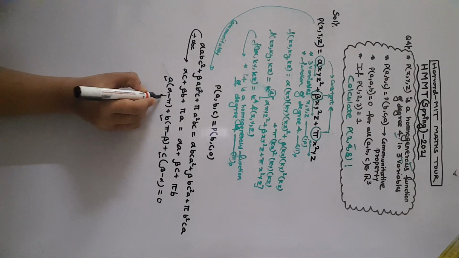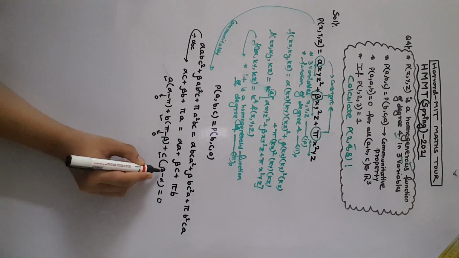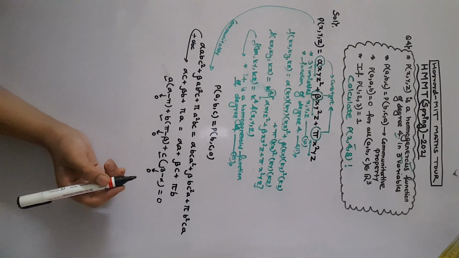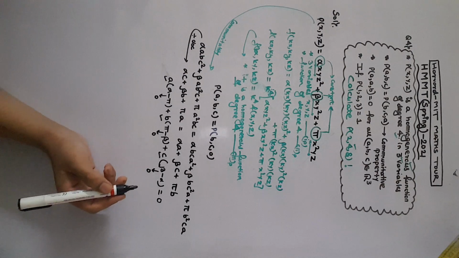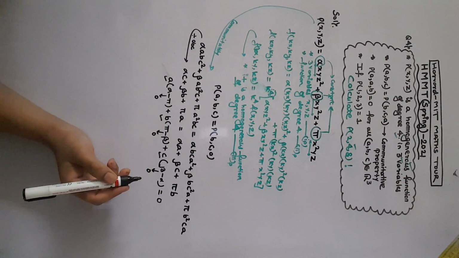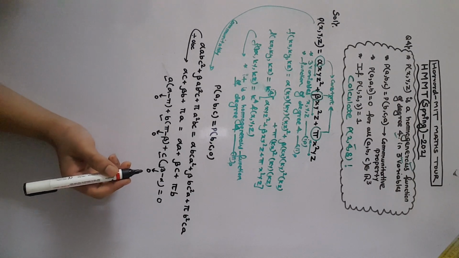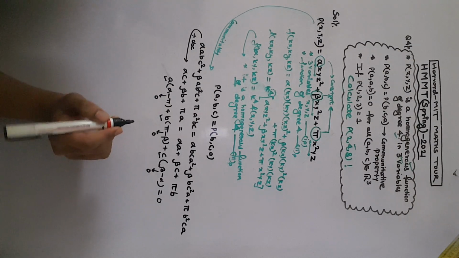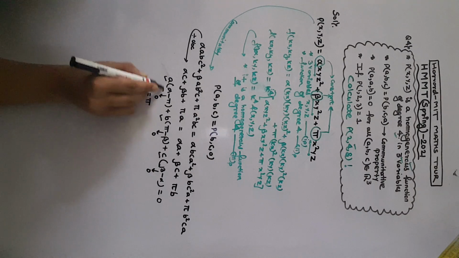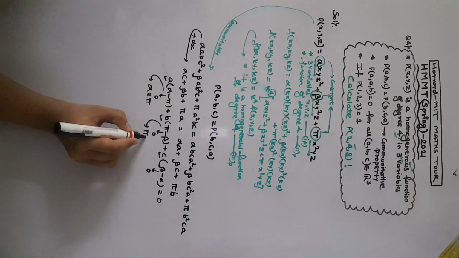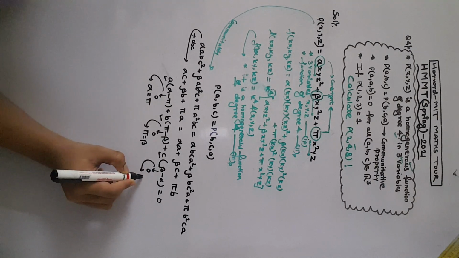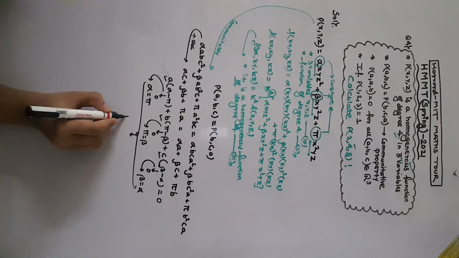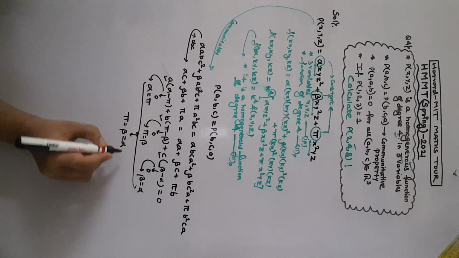This can only be possible if the individual coefficients are 0, because if beta minus alpha, pi minus beta and alpha minus pi are 0, then any triplet of values A, B, C will always result in 0. So alpha must be equal to pi, pi must be equal to beta, and beta must be equal to alpha. Since these must hold simultaneously, pi equals beta equals alpha.